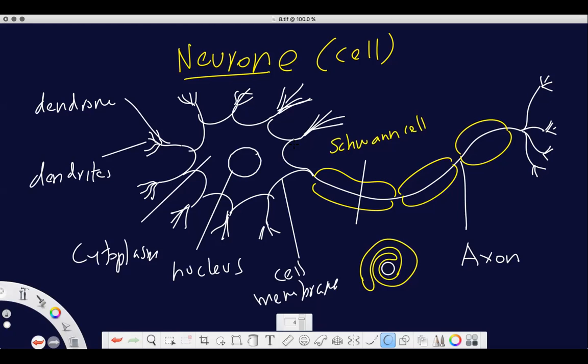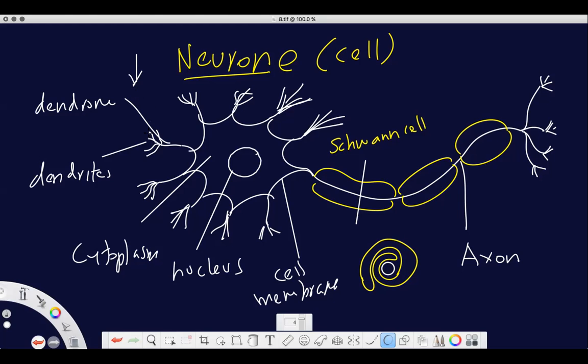Right, now if we take this cell as a single cell, how does this cell communicate with the other cells? It's like this. Let's say this end is the starting point, the start.